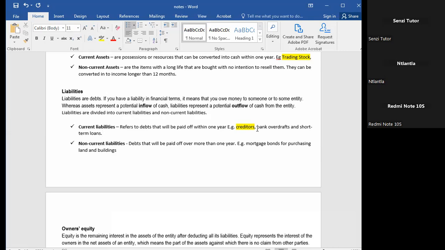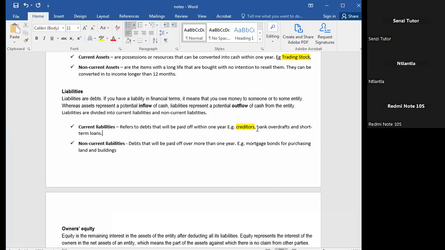And then we've got a short-term loan. People usually can borrow money, maybe the one that must be payable in 6 months, and then we say that it is a short-term loan. Anything that must be payable in less than 12 months will be a short-term loan.